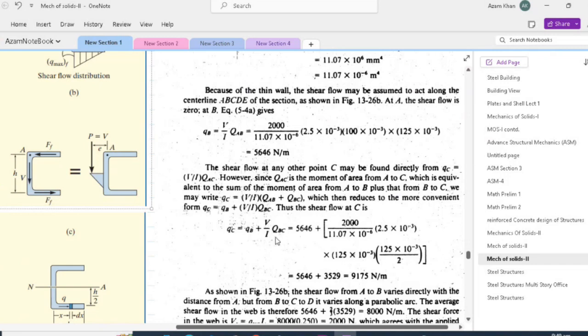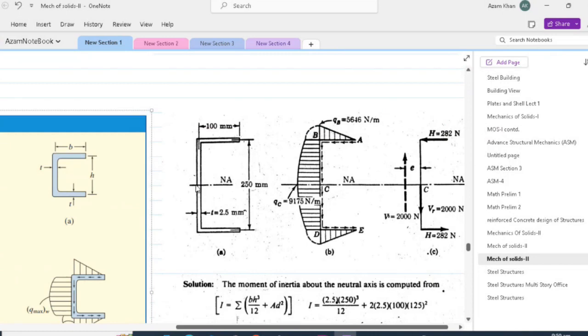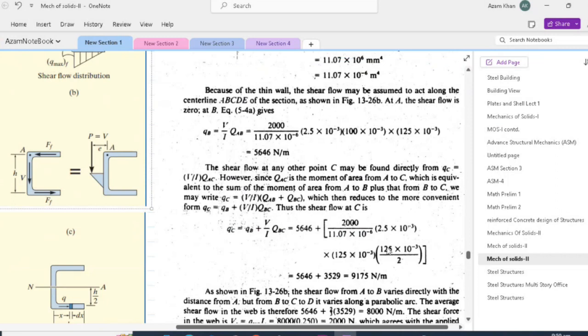So VQBC by I will be equal to the area of the web, which is 125 millimeter times the thickness, 2.5 millimeter, and then 125 by 2, which is the lever arm as given over here. So area times the lever arm is our first moment of area of DC.